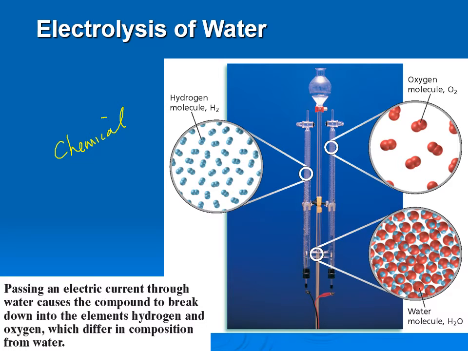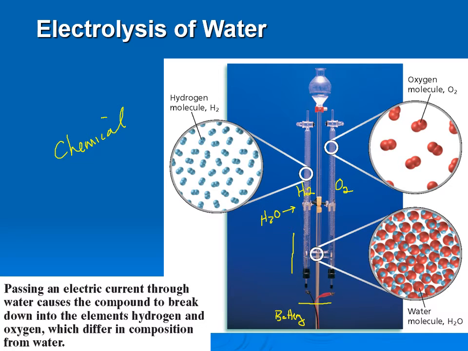So here we have this unusual shaped tube right down in here. It's shaped like an H, like a weird looking H. And we have hooked to it down here wires, which are hooked to either a battery or some other power source. And so there's electricity, just a very mild current that runs through the water here. And what it can do is it can split water from H2O into hydrogen gas and oxygen gas.